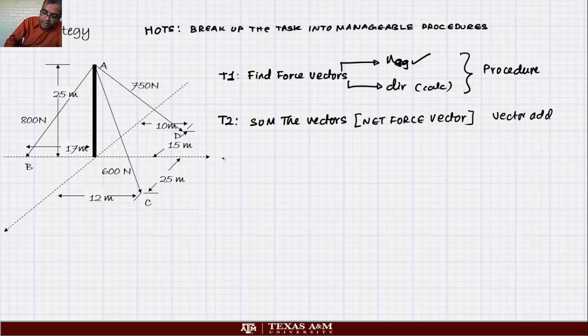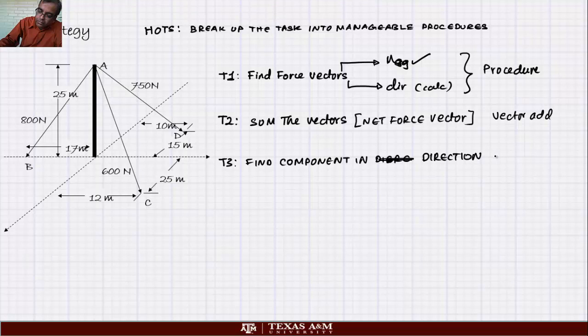Then task number 3, find the component in the direction of interest.